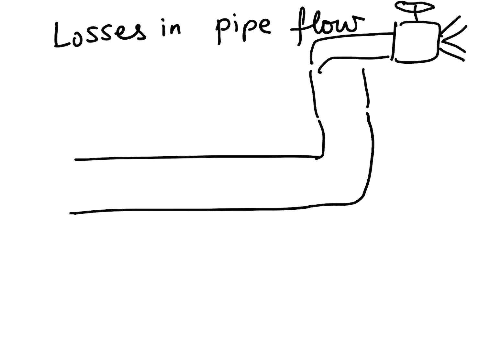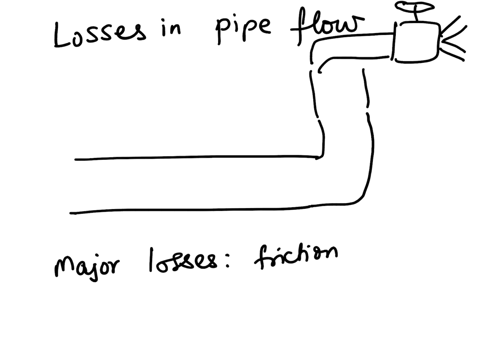So we classify losses into two types. One is called major losses, that is due to friction between the fluid and the walls of the pipe.